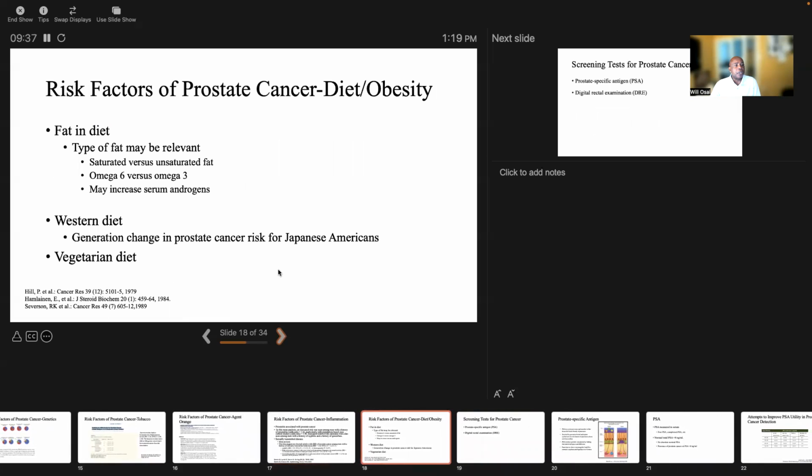Diet and obesity have been associated with prostate cancer, specifically in terms of the type of fat that is ingested, saturated fat versus unsaturated fat. In that, saturated fat is associated with the increased risk of prostate cancer.